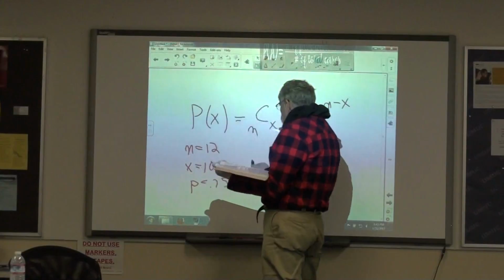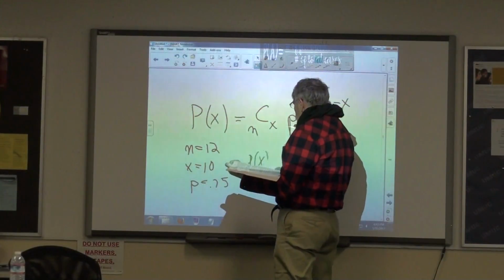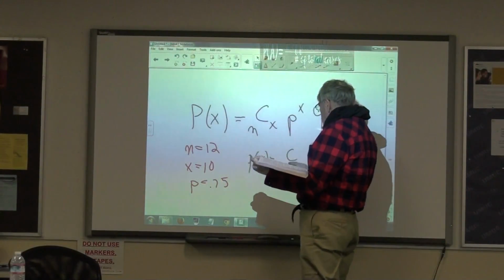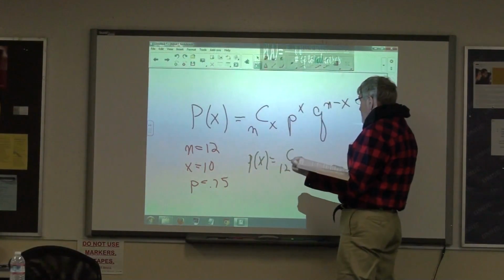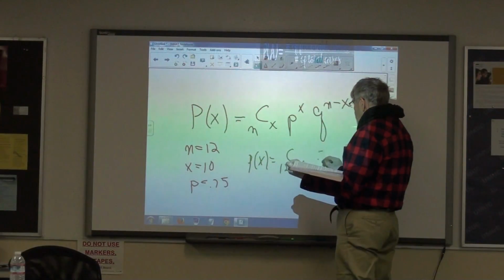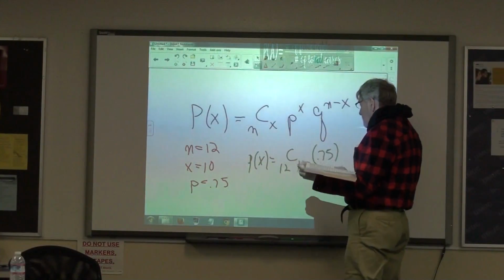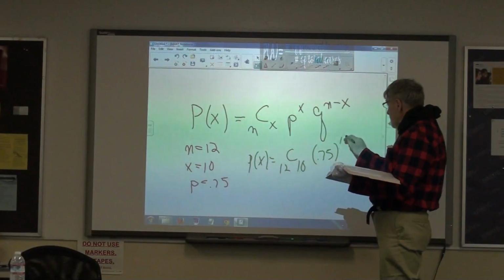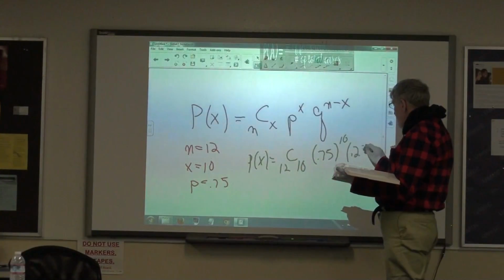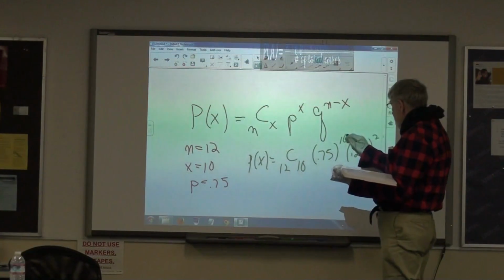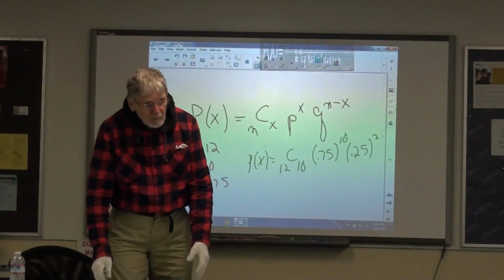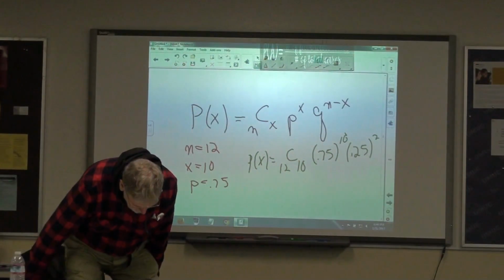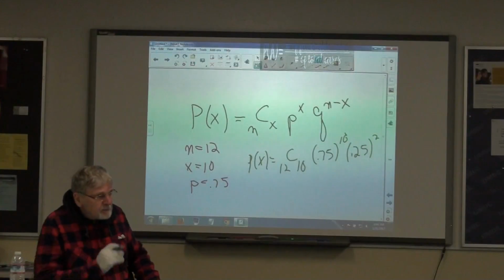So that means that p of x is equal to c 12, 10 times 0.75 to the 10th power times 0.25 squared. So let's please do the calculation.